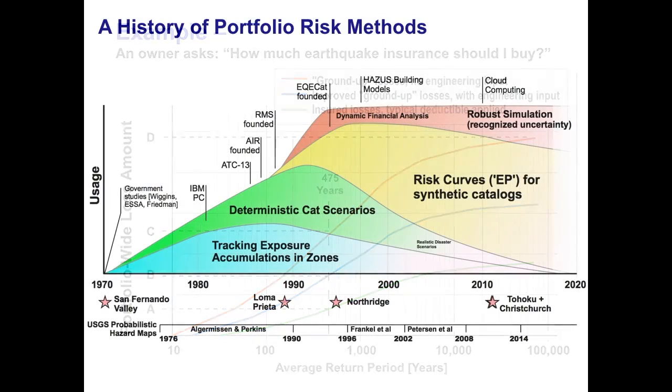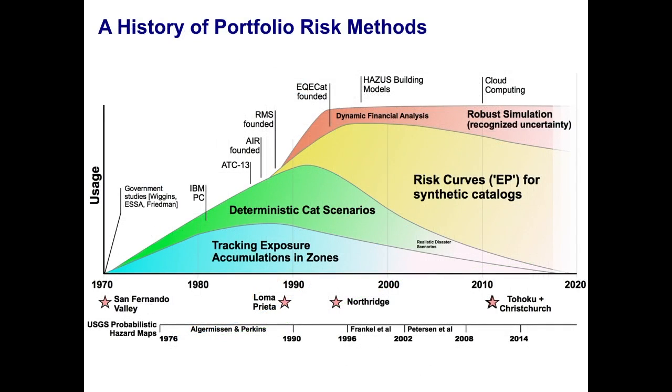So this slide shows a history of portfolio risk methods, starting with the 1970s and going till present. And we could rough out basically 4 different eras where at first risk management was a simple tracking of exposures and accumulations of exposures in various different zones dominated by particular faults.